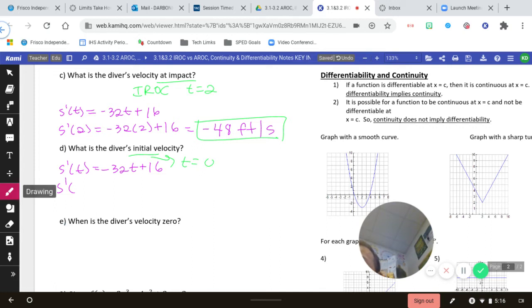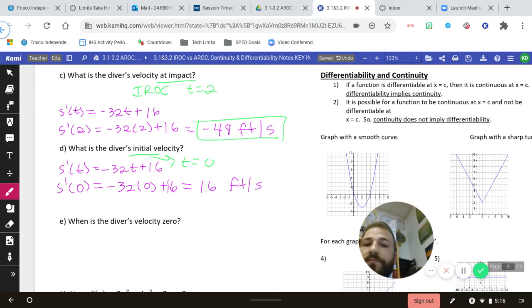So I set S prime of 0, so I can find that initial velocity. Negative 32 times 0 plus 16, which gives us 16 feet per second.